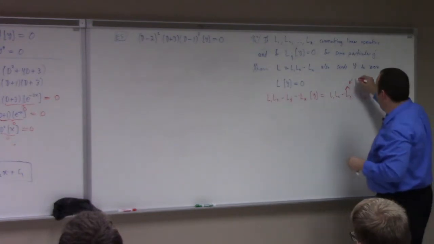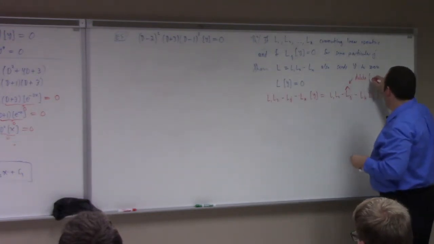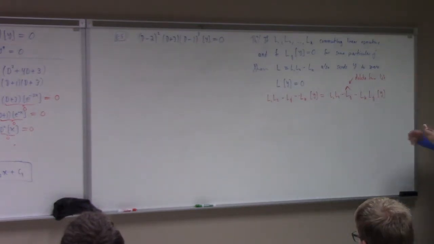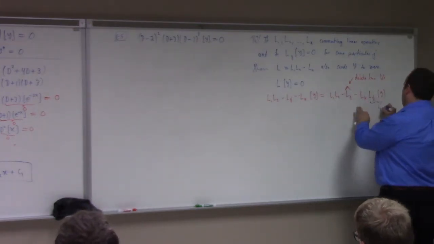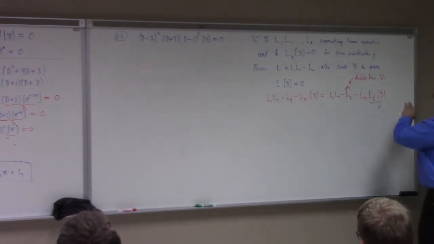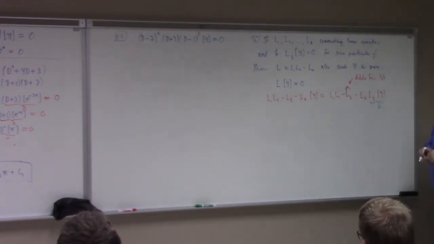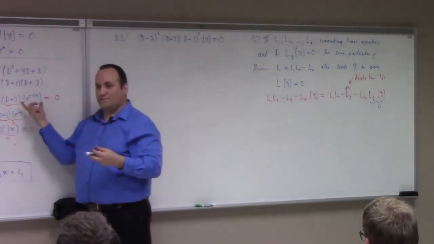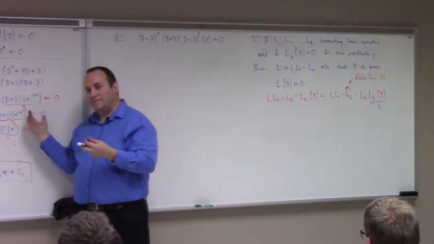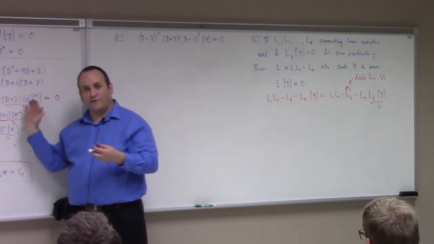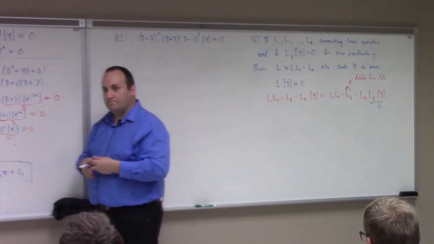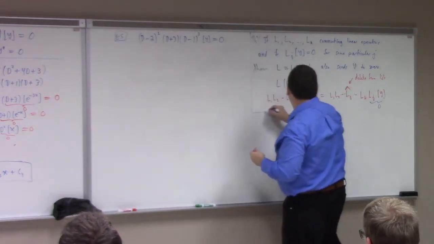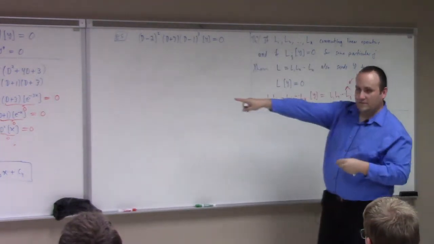So if this is 0, then you feed it into here, the whole thing is 0. This is what I was doing. I commute it so that the thing that hits it first annihilates it. Then I feed 0 to the remaining operators, and I still get 0. But this is a general theorem. So let's just say that there's this theorem, and let's use it. Let's not keep going through this calculation every time.